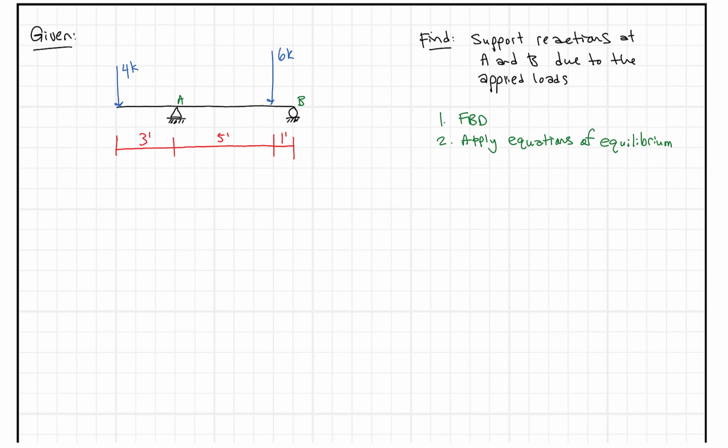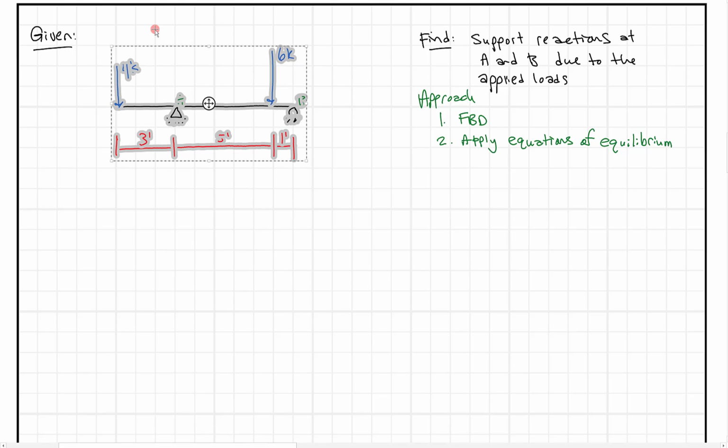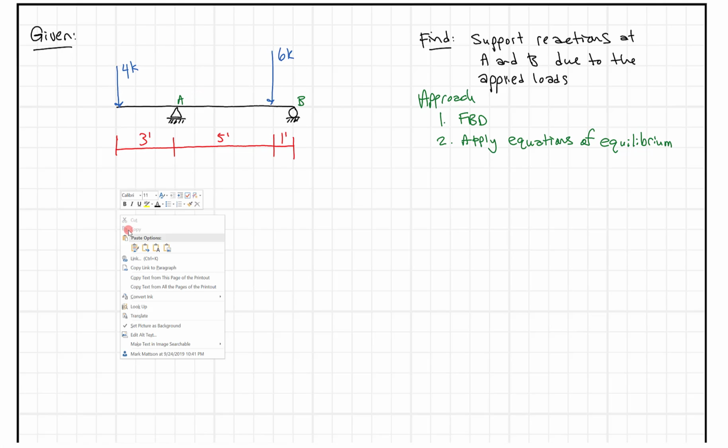When we start, our approach is basically to write our free body diagram, and then apply the equations of equilibrium. When you draw your free body diagram, one way to look at this is to take this and more or less copy and paste.